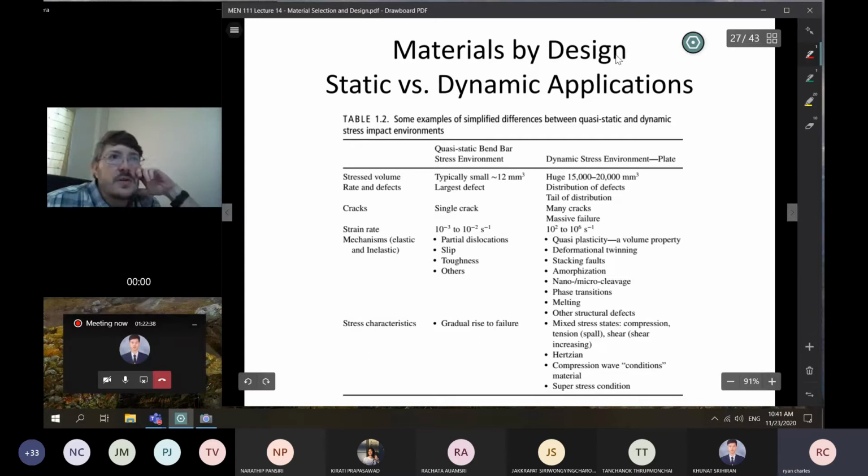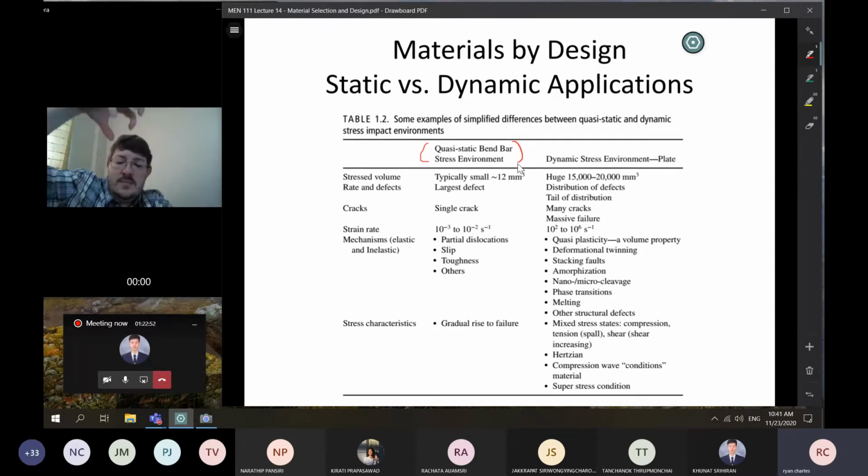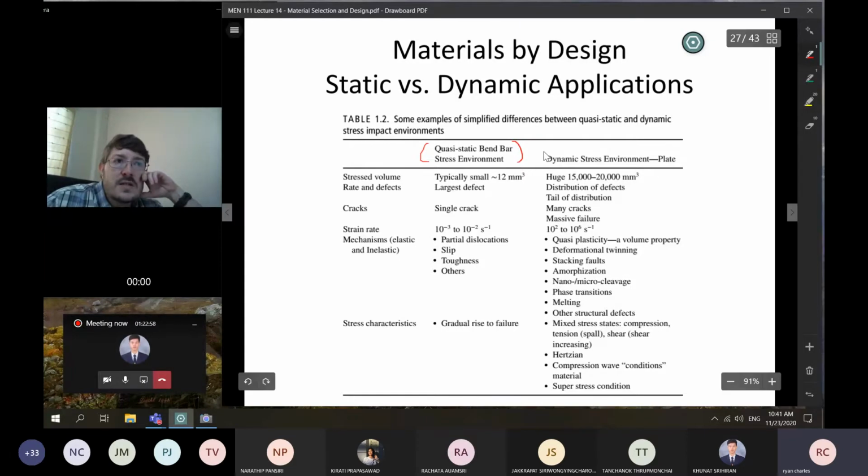So you can consider design with rate effect. So just some examples in this table here. A bend bar or a dog bone, like I showed you. We're testing maybe the tensile strength of a metal. That's quasi-static, versus a dynamic event like a bullet hitting a target.